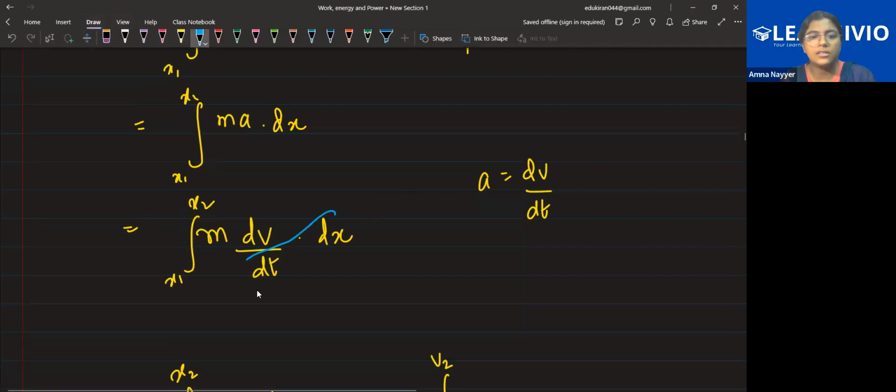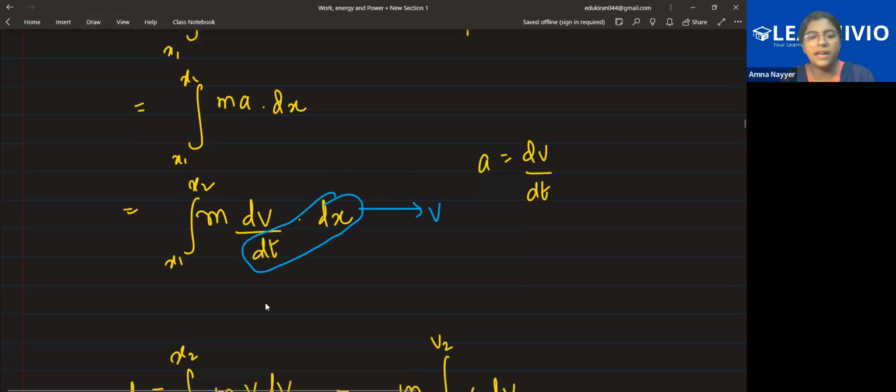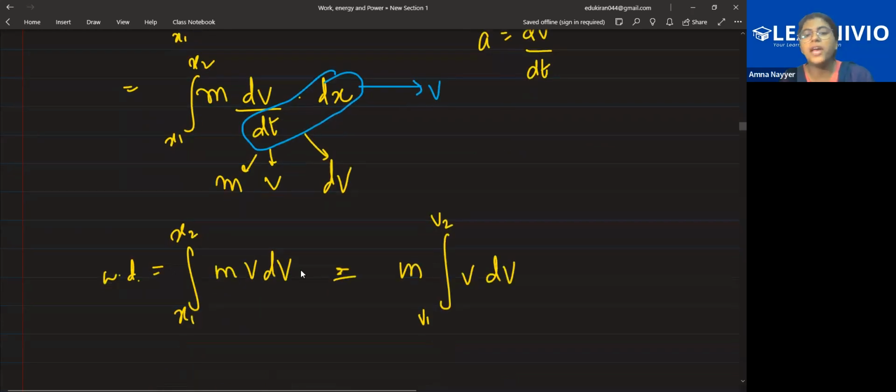Now dx over dt, what is this? This is again the velocity. So we have m, v, and dv, these three terms, right? So how do we arrange it? Integral of mv dv from x1 to x2.